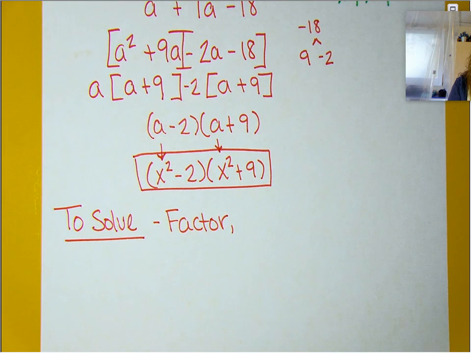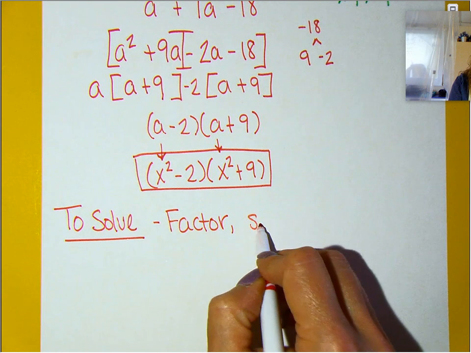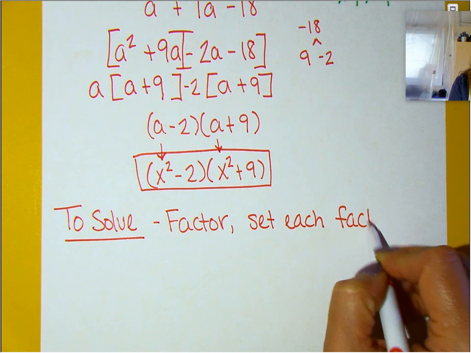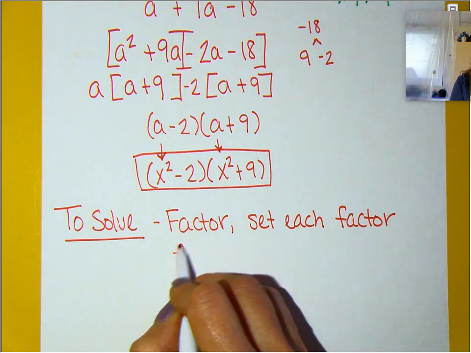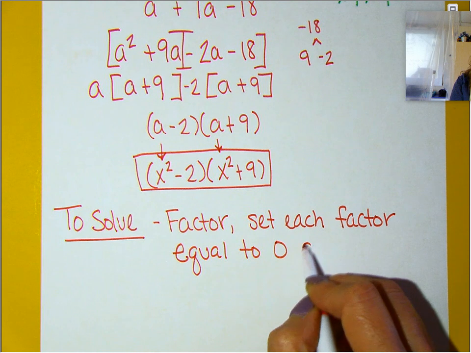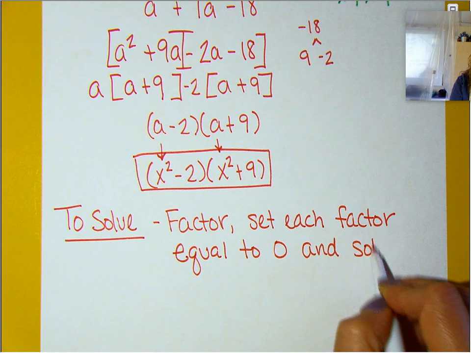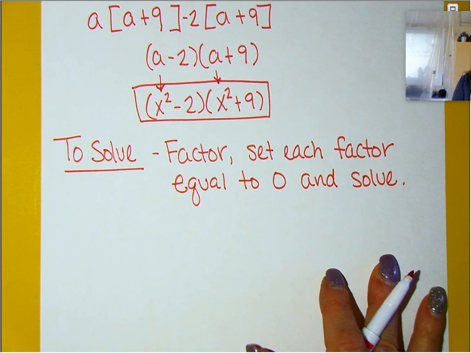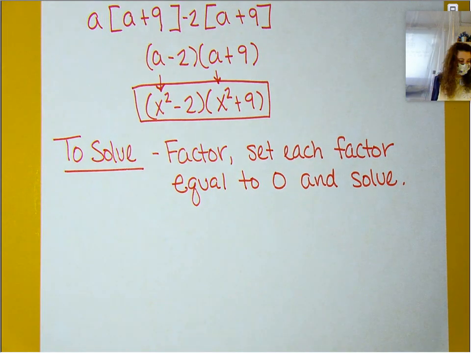Then you're going to set each factor equal to 0 and solve. Just like quadratics. Factor first, then set each factor equal to 0 and solve.